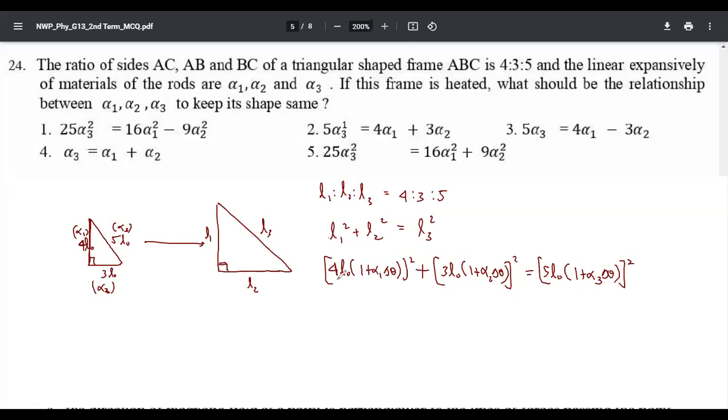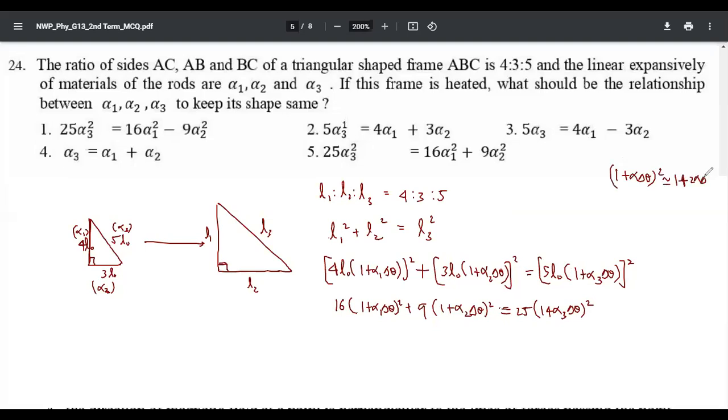So here, all the L naught squares will get cancelled off, and you will end up with something like this. 16 times 1 plus alpha 1 delta theta squared, plus 9 times 1 plus alpha 2 delta theta squared, equal to 25 times 1 plus alpha 3 delta theta squared. Now, 1 plus alpha delta theta squared can actually be written as 1 plus 2 alpha delta theta.